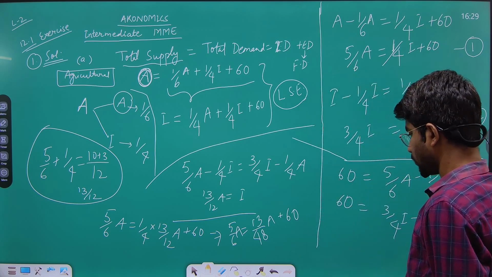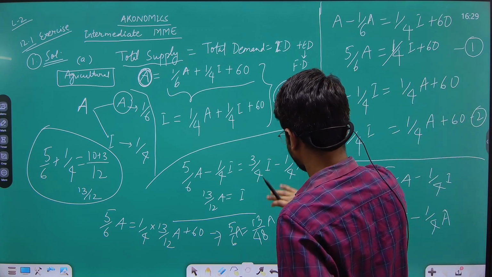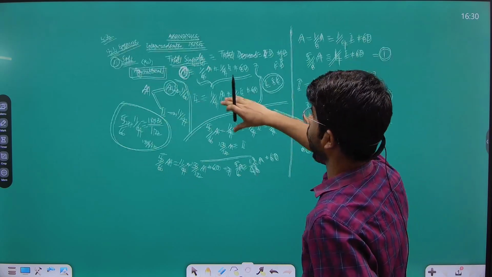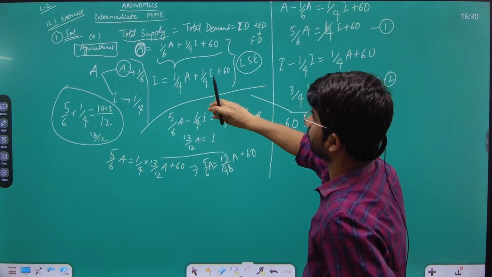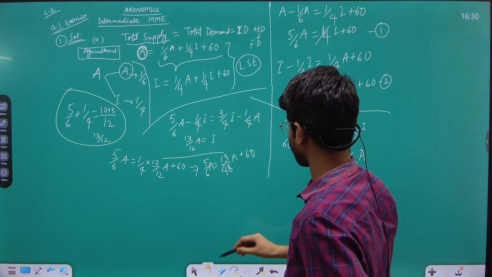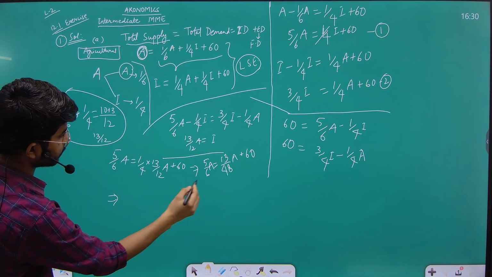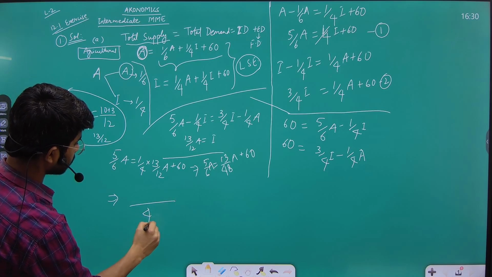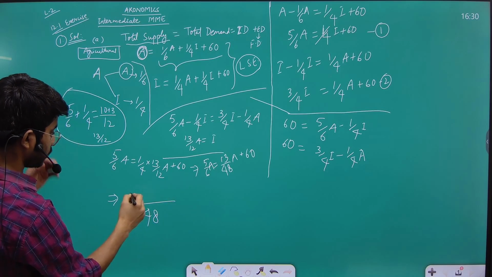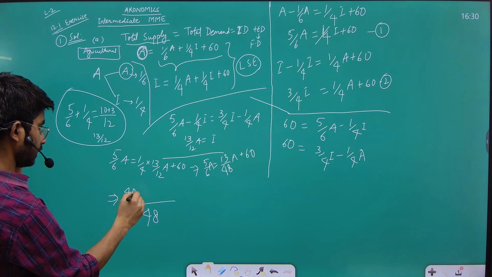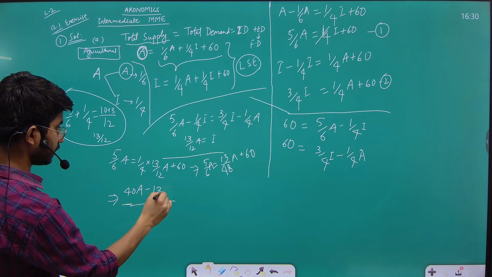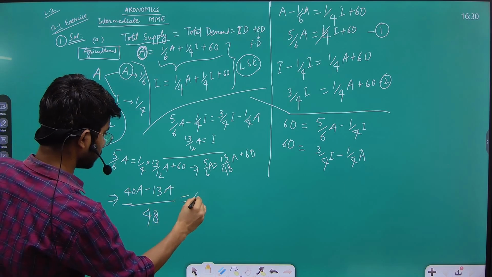So if we take this down, we have 5 by 6, that means 48, or here it would be 40 A minus 13 A equal to 60.